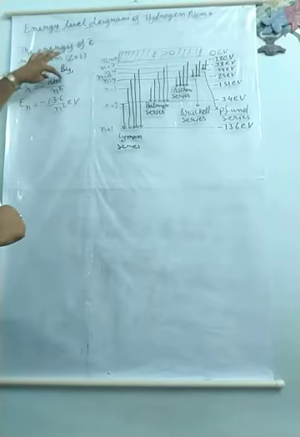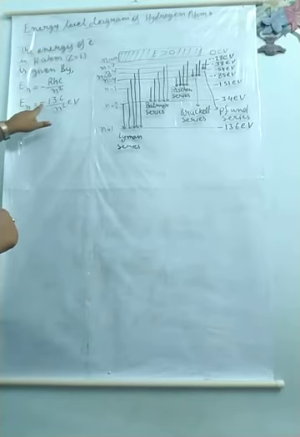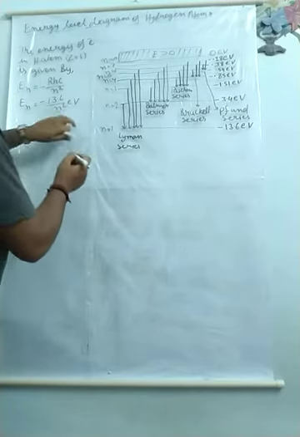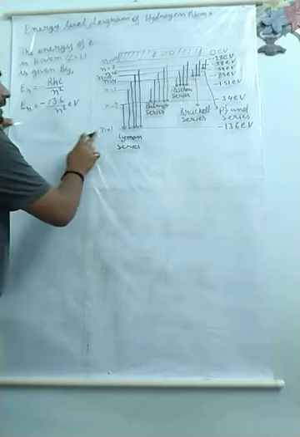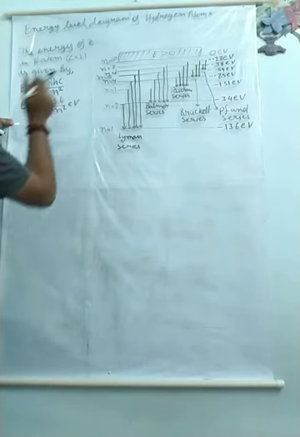When putting in the values of these constants, we get minus 13.6 upon n square electron volt. Now this energy is calculated for n equal to 1 to infinity.